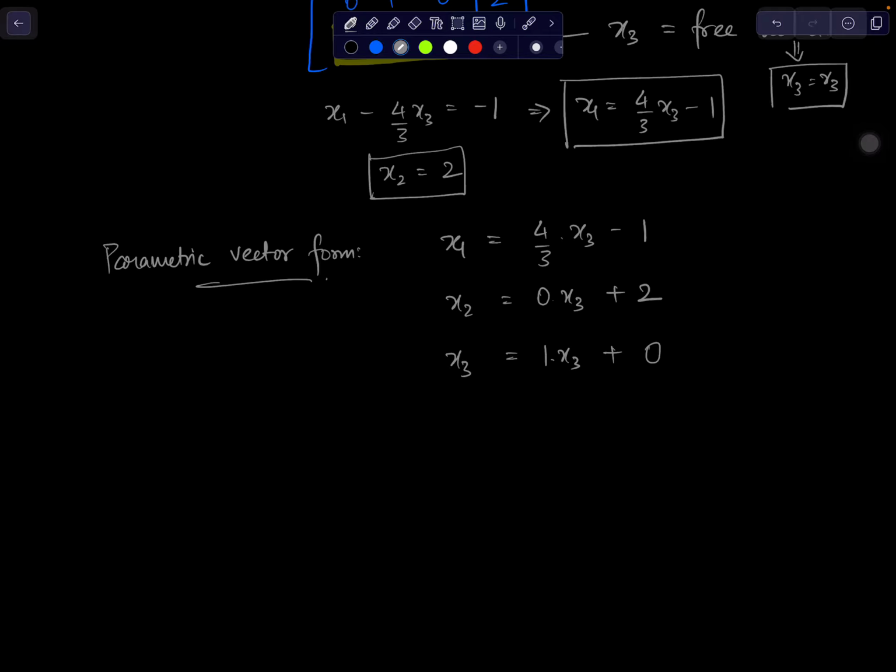And now if you want to write this in the column form, then you see that your x vector, which is basically x1, x2, x3, turns out to be x3 times the vector 4/3, 0, 1, plus a constant vector which looks like -1, 2, 0.